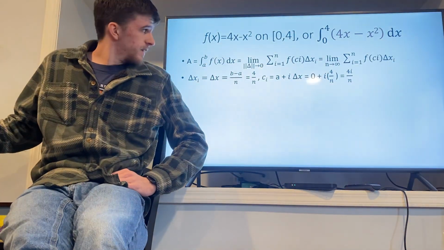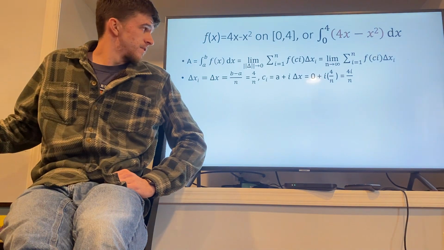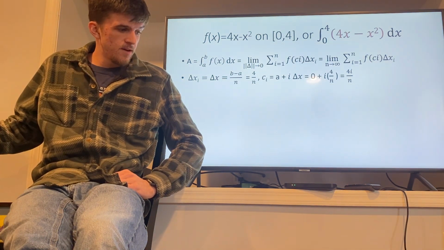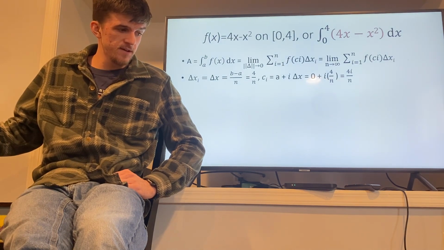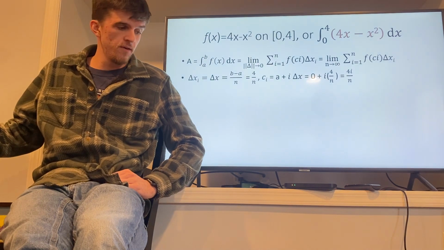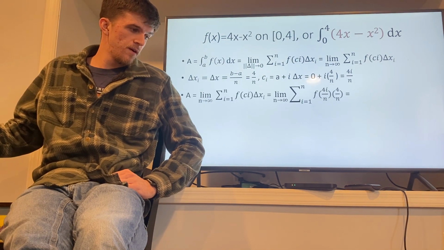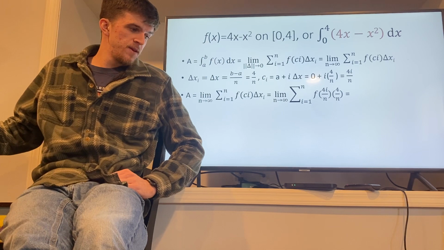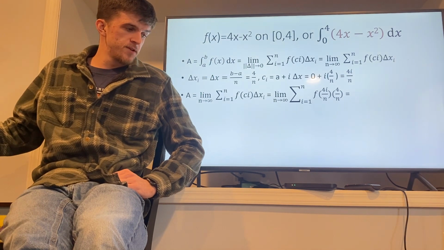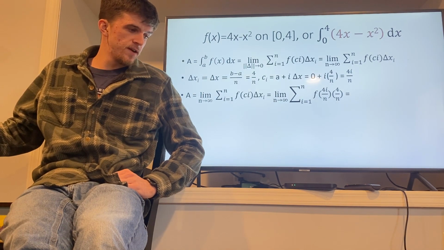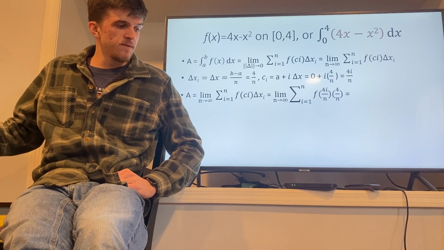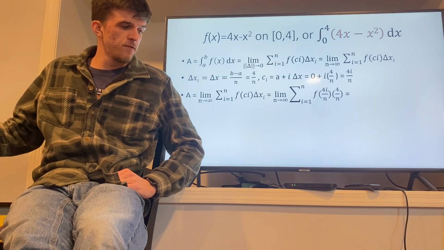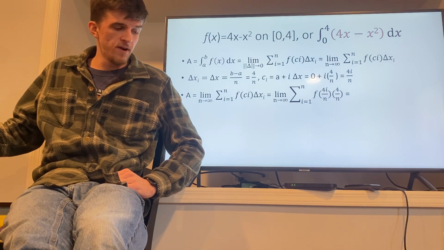So we've got our delta xi is going to be equal to delta x. It'll just be b minus a over n, which will just be 4 over n. And our ci is going to be a plus i delta x. So 0 plus i times 4 over n is just going to be 4i over n. So we've got our limit as n approaches infinity of the sum of n terms of f of ci delta xi will be the limit as n approaches infinity of the sum of n terms of f of 4i over n times 4 over n.